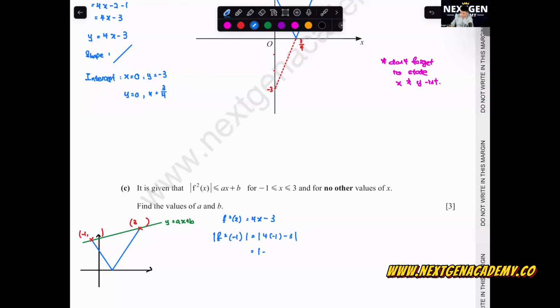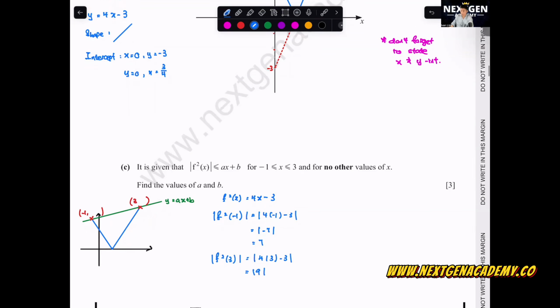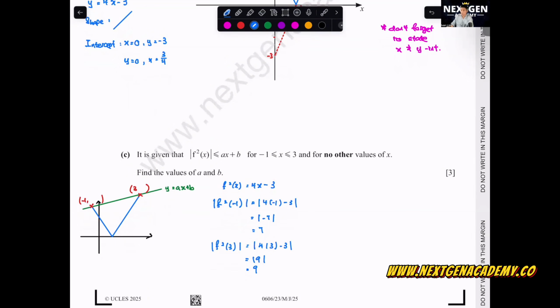This will be modulus negative 7, which equals positive 7. The other one, f squared 3: modulus of 4 times 3 minus 3. We get modulus 9, and then we get 9. So we get these 2 points: negative 1, 7, and 3, 9.